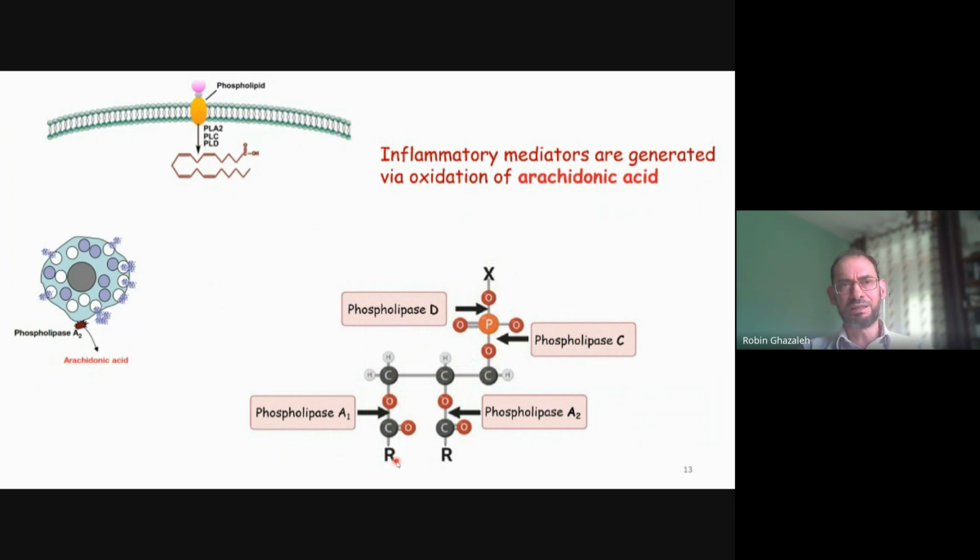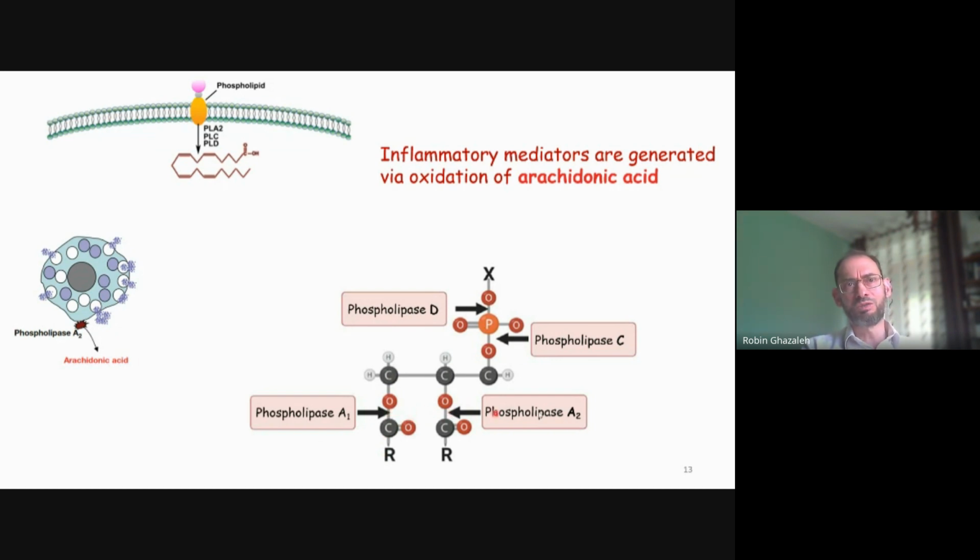One of the fatty acids that could be present here is arachidonic acid. And arachidonic acid, if it's present, is going to be on carbon number 2 of this molecule. An enzyme which cuts off these fatty acids from a phospholipid is called a phospholipase, A1 and A2, depending on whether it's taking the lipid from carbon 1 or carbon 2.